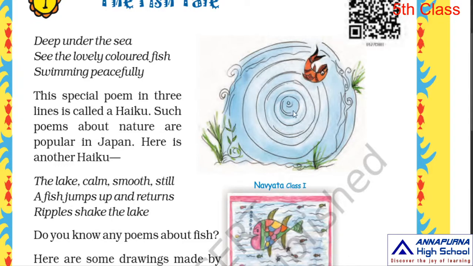It causes ripples, shake the lake. Here, ripples means small waves. We can observe the figure. In the figure, we can find the waves. When it returns, ripples shake the lake. So you can observe the waves.